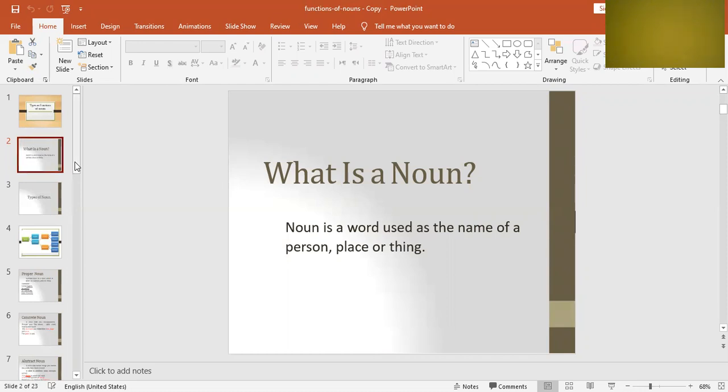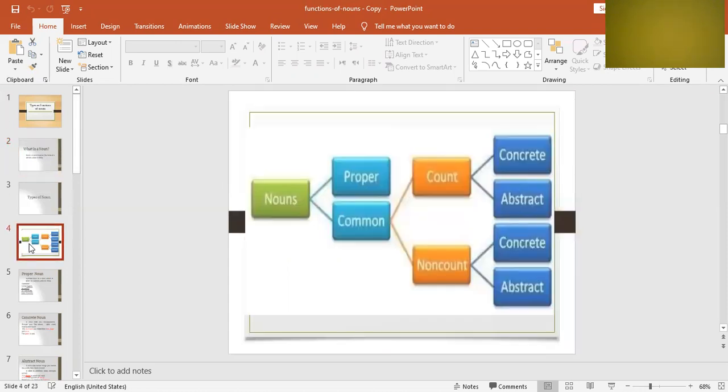A noun is a name of someone, a person, a place, or a thing. Any object or anything. Now here is a diagram about nouns.